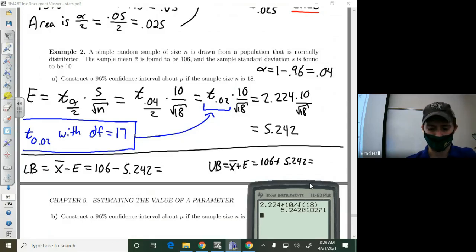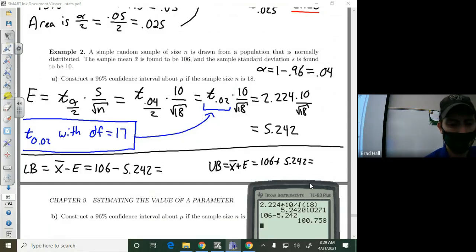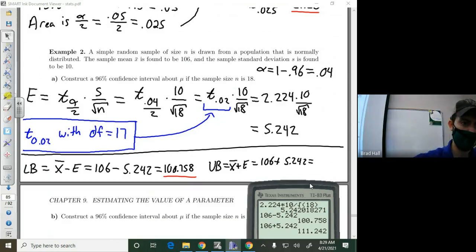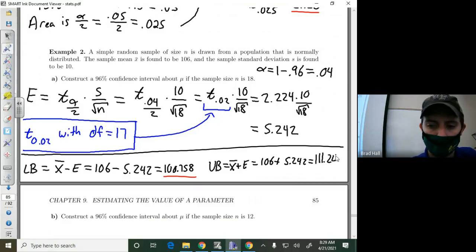So let's go ahead and figure out those right fast. So that's the lower bound, and then the upper bound is 111.242.